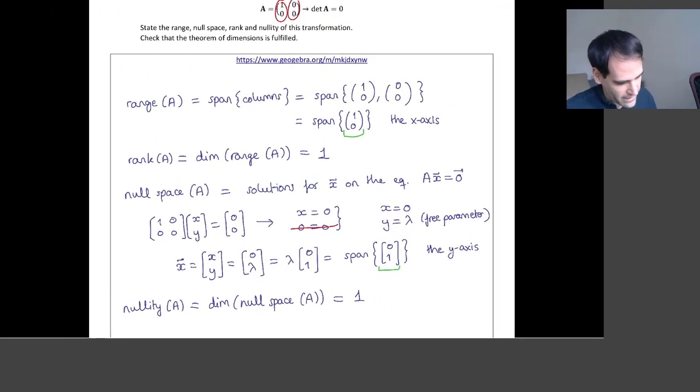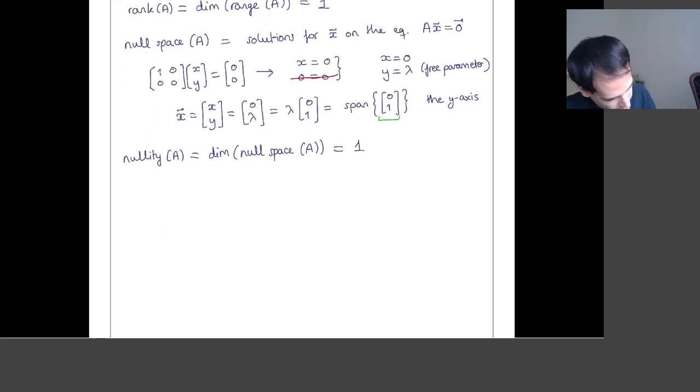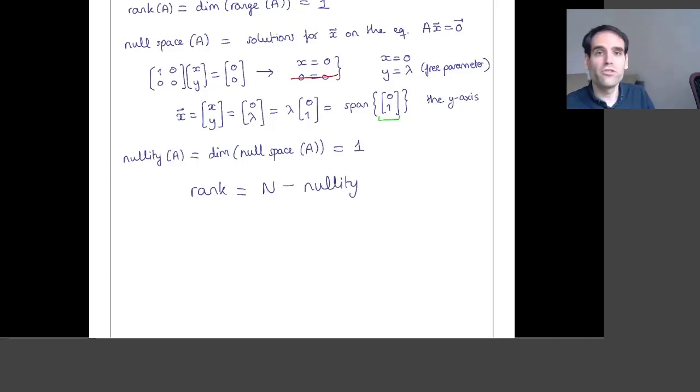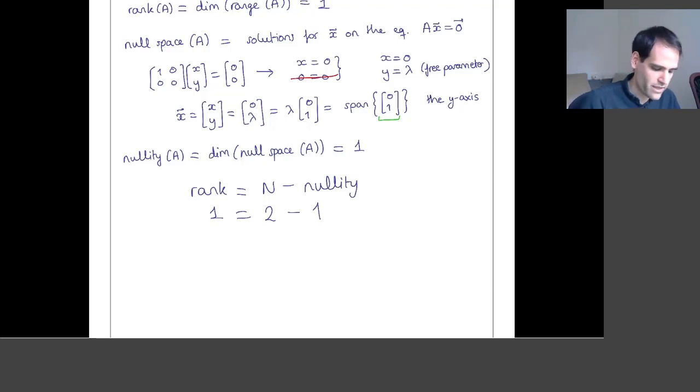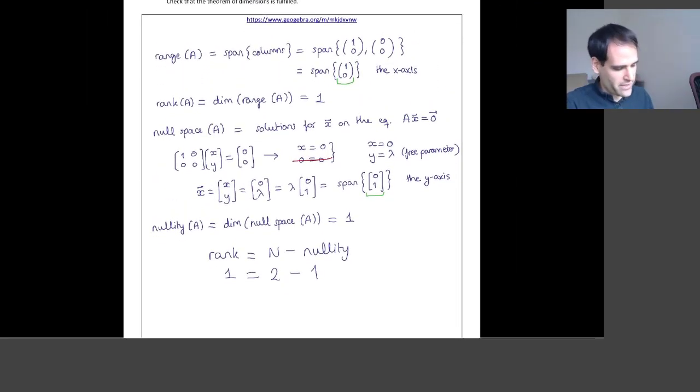Now let's check the theorem of dimensions. So the theorem of dimensions says that rank equals n minus nullity, where n was the number of dimensions of the input space, which is 2 dimensions. The nullity was 1, and indeed the rank is 1. So the theorem is fulfilled. So this was a very, very easy example.